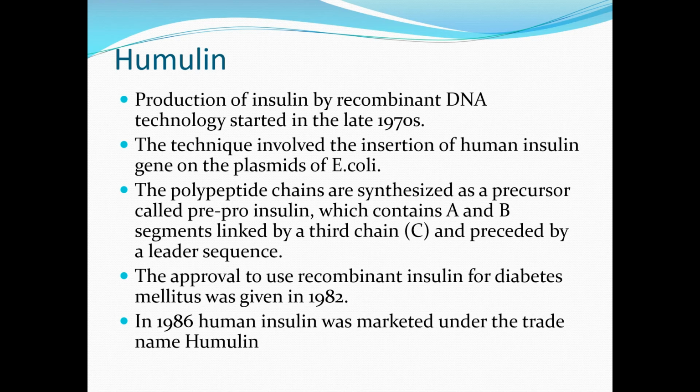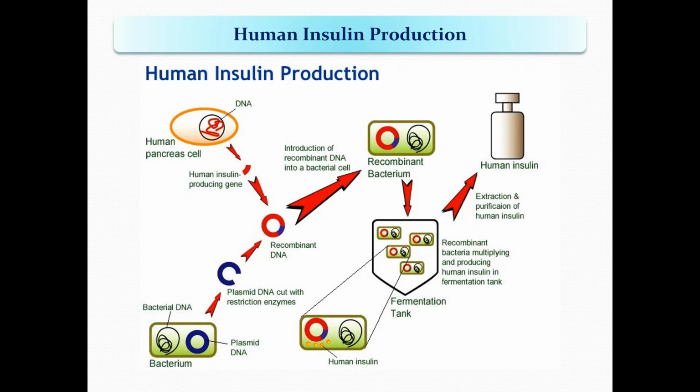Humulin. The production of insulin by recombinant DNA technology started in the late 1970s. This technique involves the insertion of the human insulin-producing gene into the plasmid of E. coli bacteria.